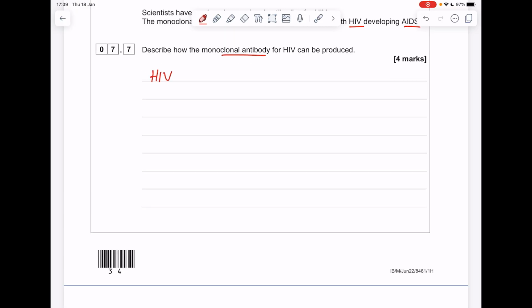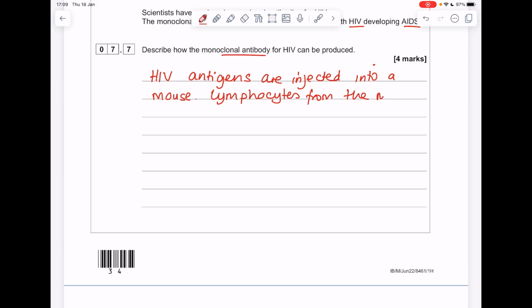So to begin with, HIV antigens are injected into a mouse. Poor mouse. Lymphocytes from the mouse are combined with a tumour cell to make a hybridoma cell.